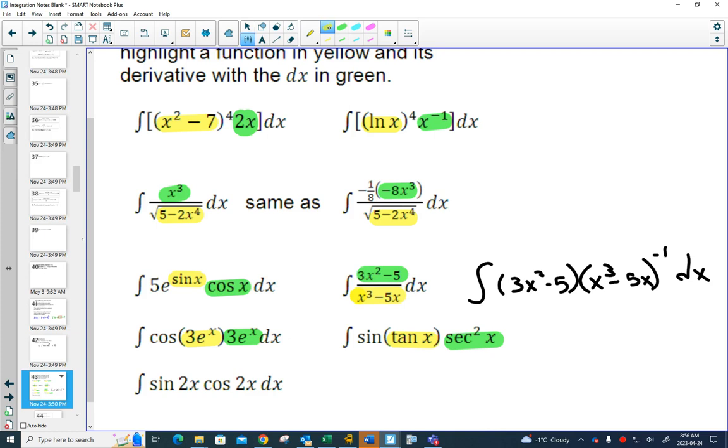Okay? But in the last one, we're still going to be able to use integration by substitution because we have sine, even though it's not inside any other function. But the derivative of sine is cos.